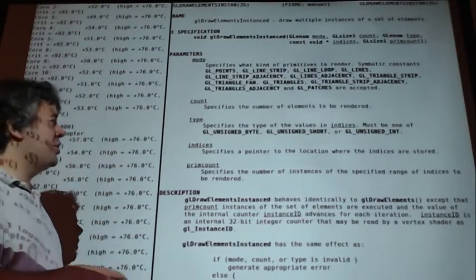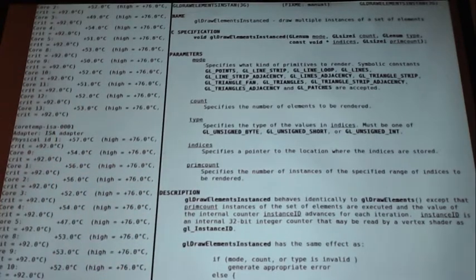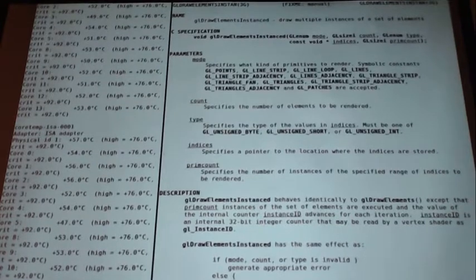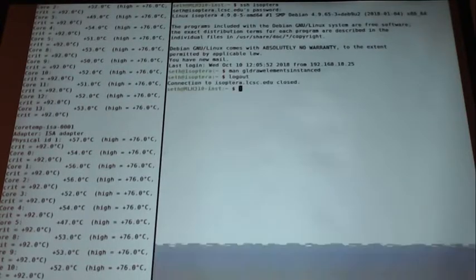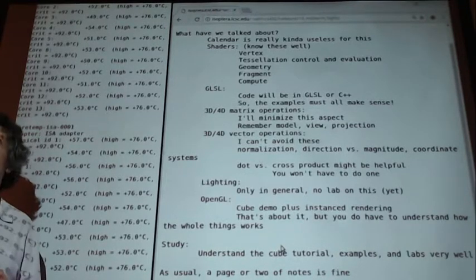This one just takes, you get a whole bunch of instances of the vertex shader, and you can tie these to an array using the instance ID as an array index, and that way you can draw a whole bunch of stuff at once. If you are doing the grass project, it's a good way to draw the grass more efficiently than using a for loop, for each blade of grass, draw the blade of grass.